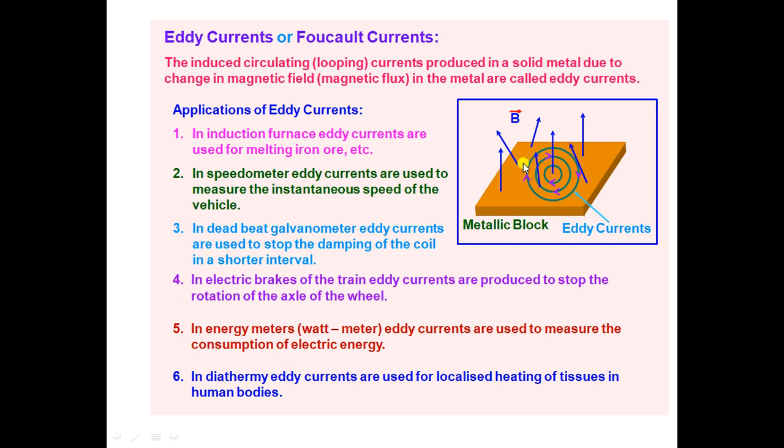So eddy currents are the induced circulating or looping currents produced in solid metals due to the change in magnetic field or magnetic flux in the metal.